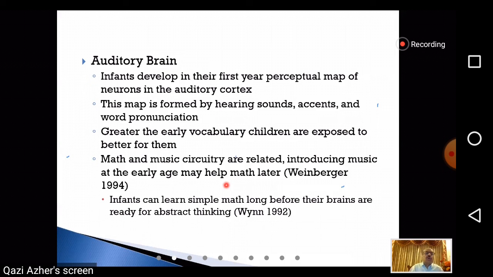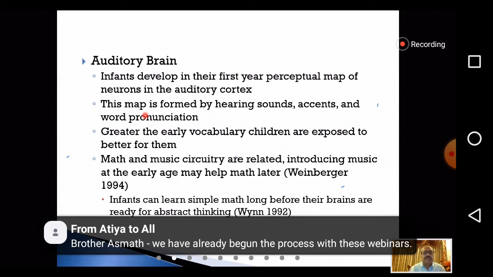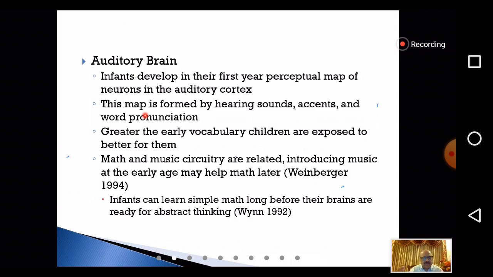Let's see how the portion of hearing in the brain, the auditory brain, works. There is the temporal lobe, which has some areas of neurons dedicated to listening or hearing. You can call that the auditory brain, but the auditory brain and visual brain are all interlinked.